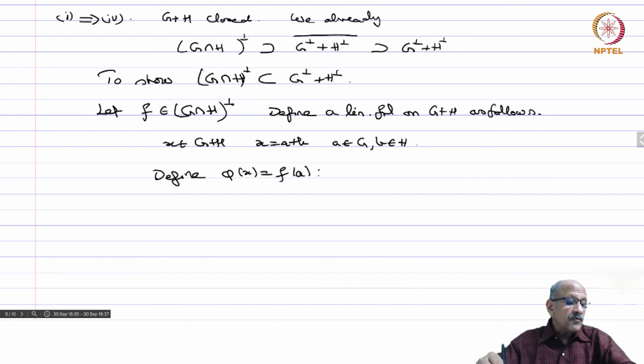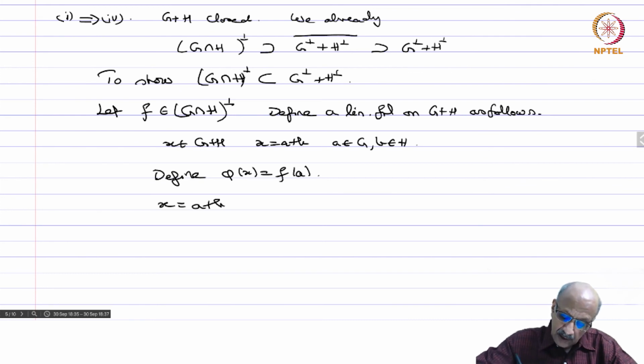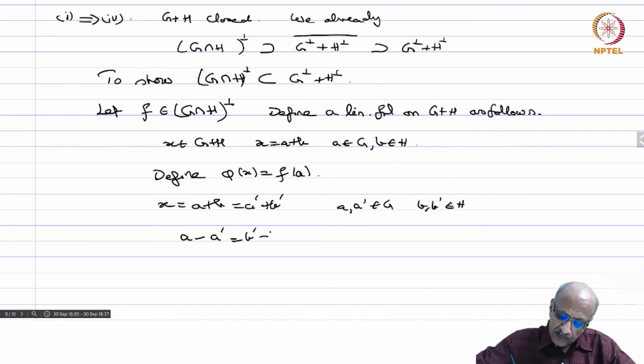So we have to first check that this is well defined, because what have we done? We have taken a decomposition and then in terms of the decomposition we have defined this functional. So it should be independent of the decomposition chosen, only then this becomes well defined. So if x equals a plus b equals a dash plus b dash, where a dash is in G, b dash is in H, then a minus a dash equals b dash minus b.